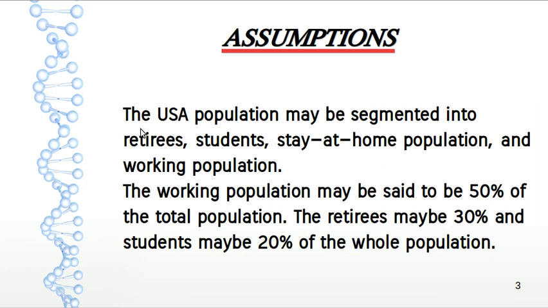The next assumption is the USA population may be segmented into 3 categories: retired, students, and working population. Then the working population may be said to be 50%, retirees would be 30%, and students may be 20% of the whole population.